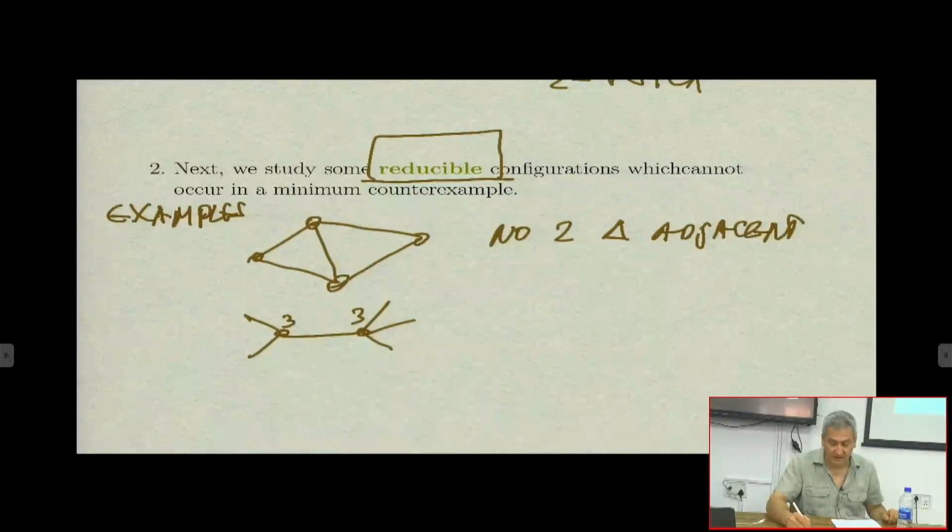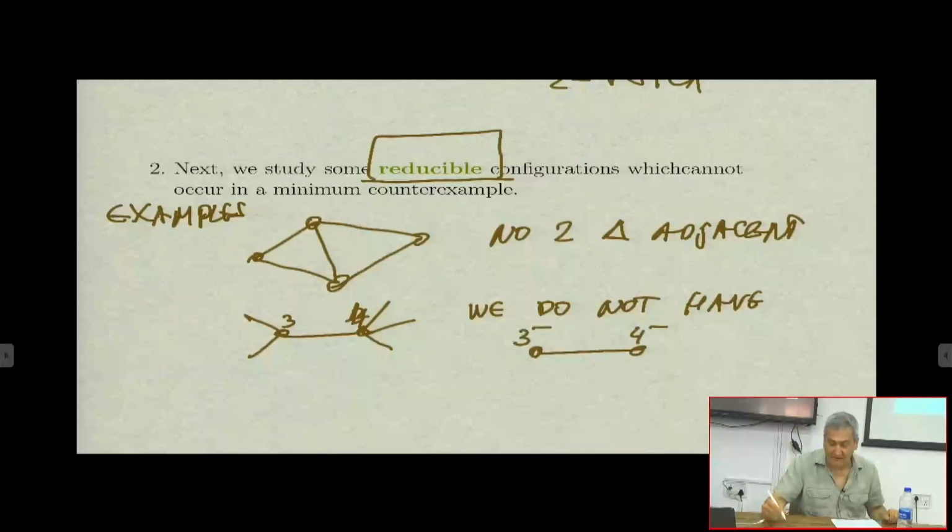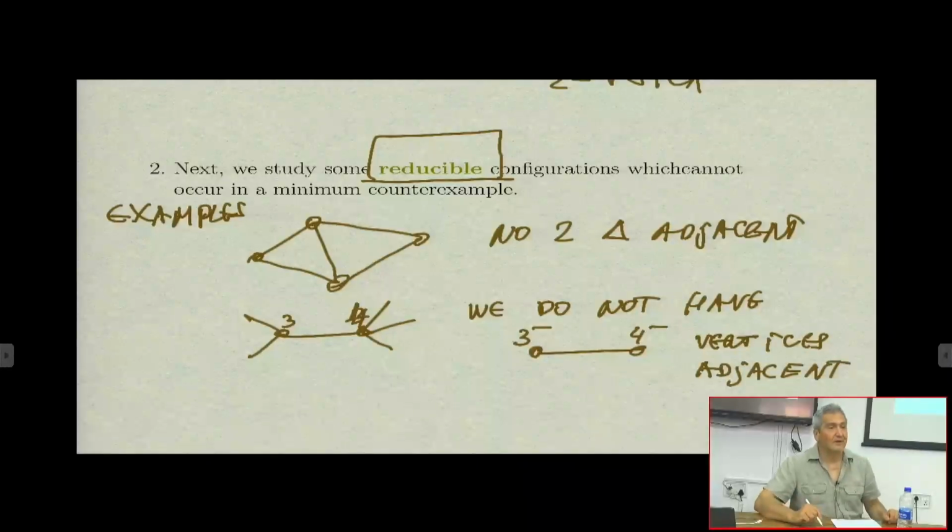Let's say we don't have 3-minus, 4-minus vertices. 3-minus means degree 3, 2, 1, yes. 4-minus means 4, 3, 2, 1. A more compact way.